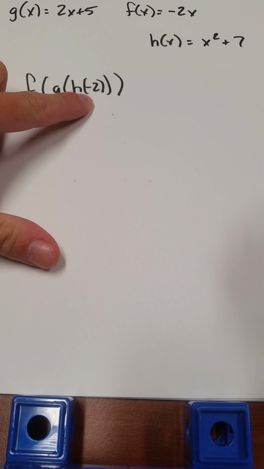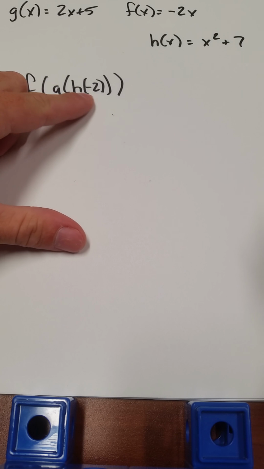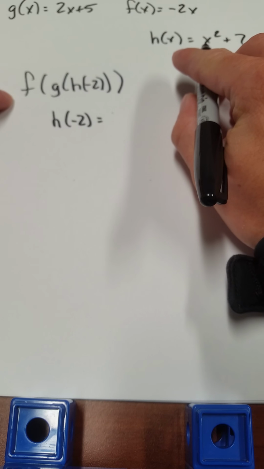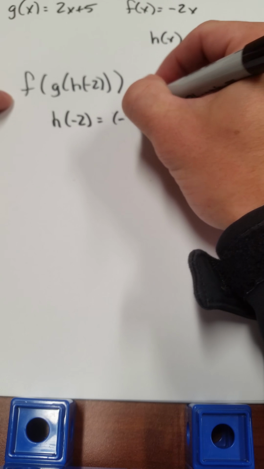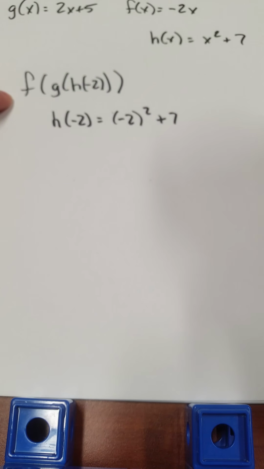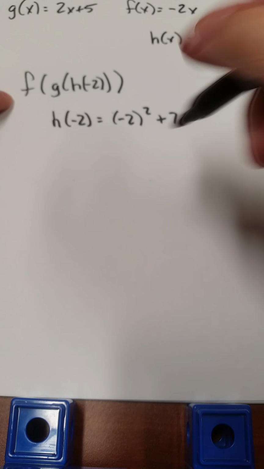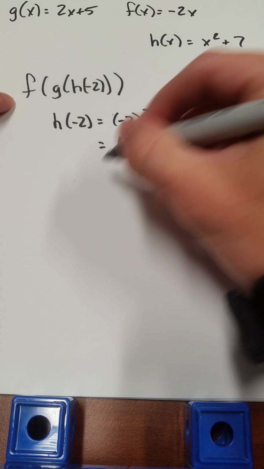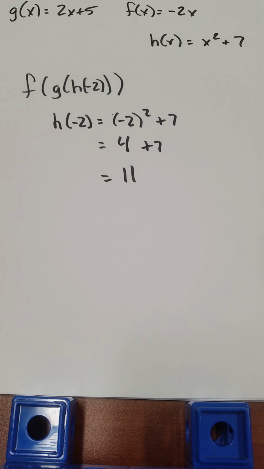So h of negative 2. That means plug negative 2 in for x in the h function. So let's find h of negative 2. Well, that means plug negative 2 in there, so that's negative 2 squared plus 7. Well, negative 2 squared is 4 plus 7, which equals 11.